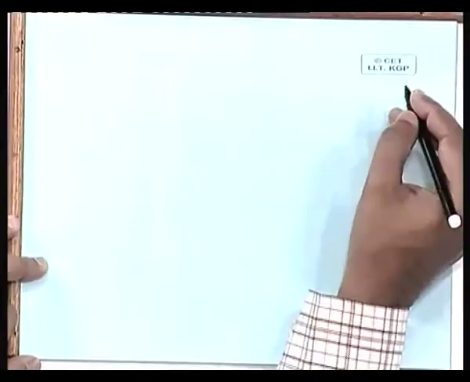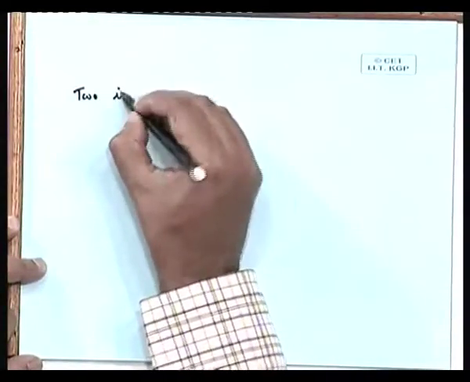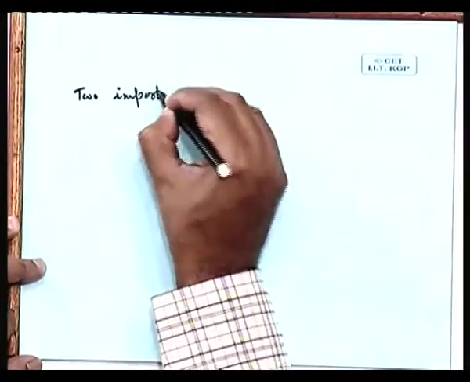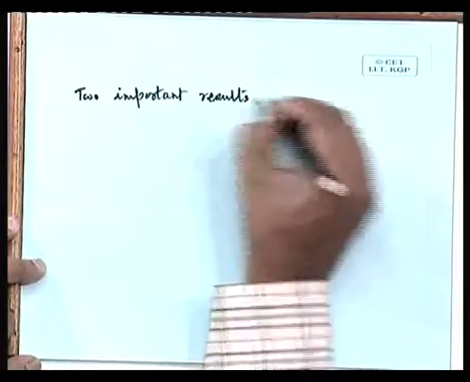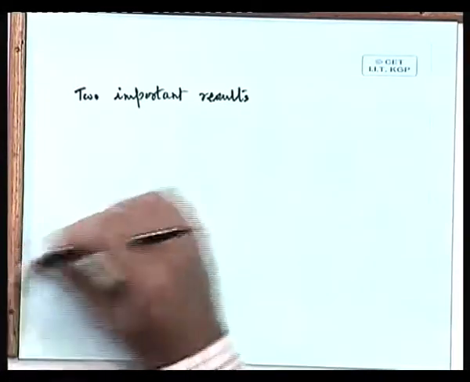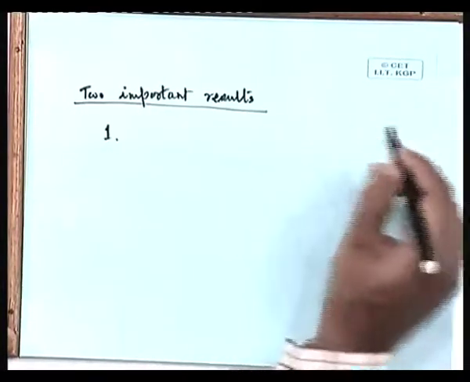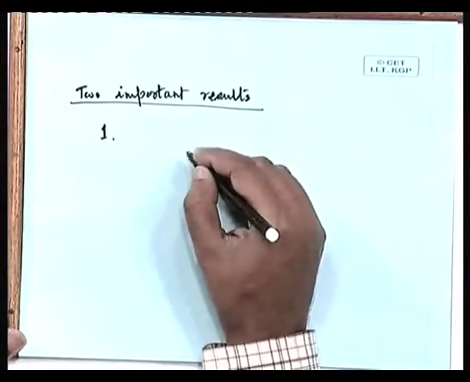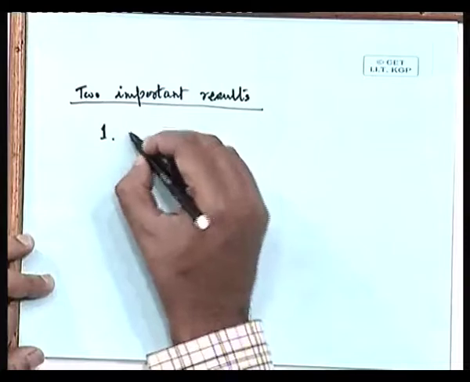And in this case, let me cite two very important results which have been reported by researchers in the literature. The first is related to neurons with threshold activation functions.